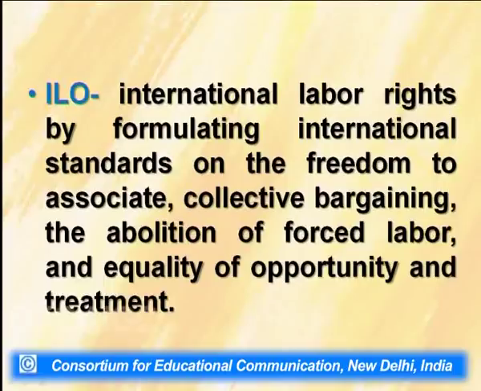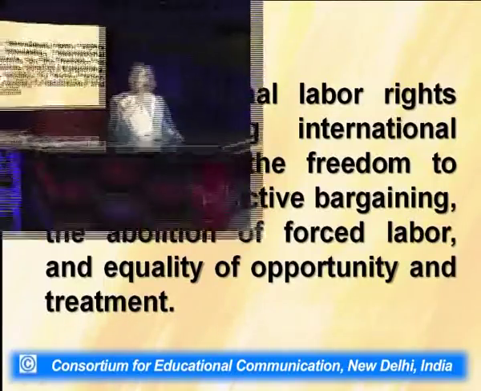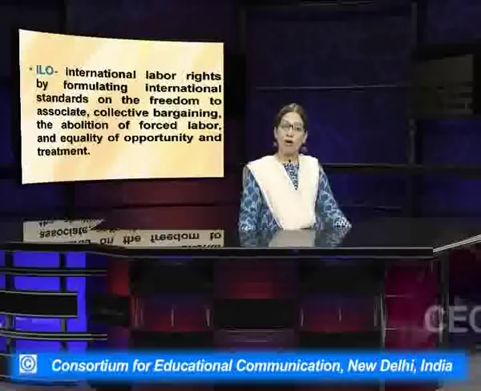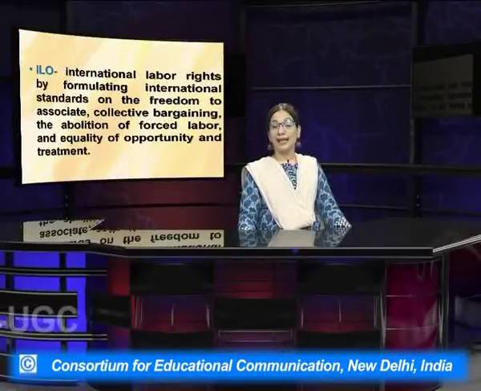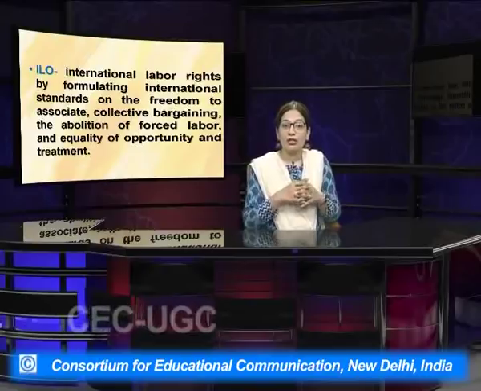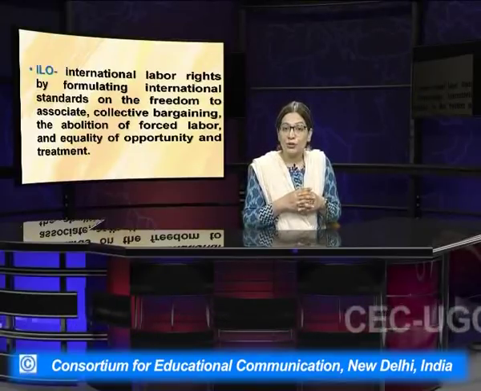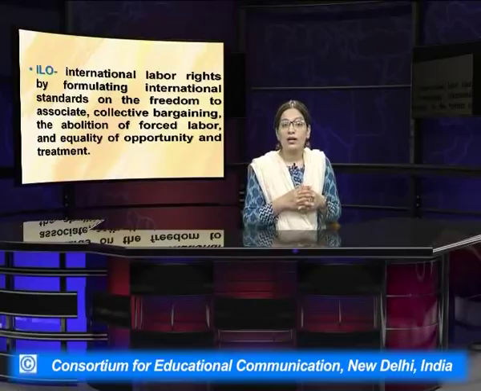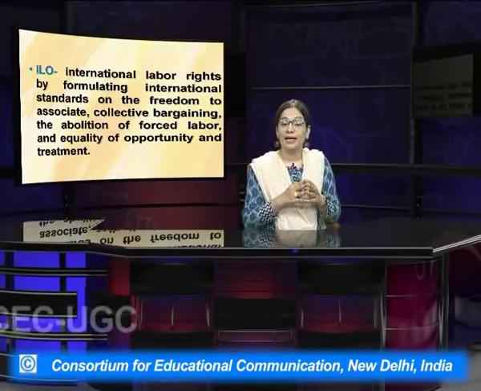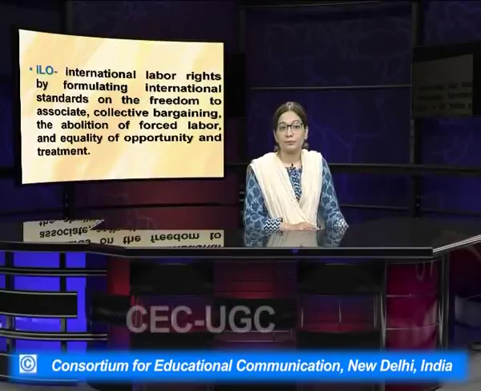This is very active in the realm of international labour rights by formulating international standards on the freedom to associate, collective bargaining, abolition of forced labour, equality of opportunity and treatment.